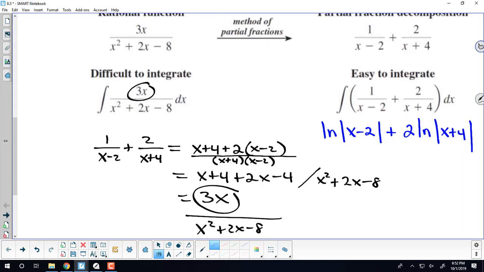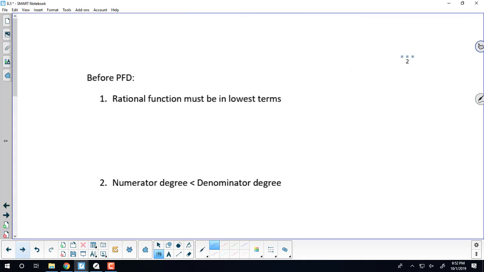So we're going to look at how we decompose a fraction so that we can integrate something easier. Before you do partial fractions, though, your rational function has to be in lowest terms, and it has to be a proper expression, meaning the degree of the numerator is smaller than the degree of the denominator.